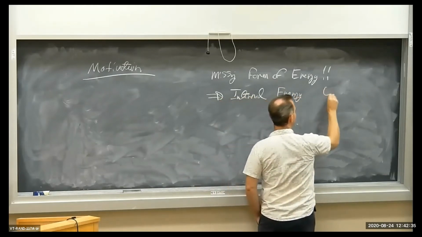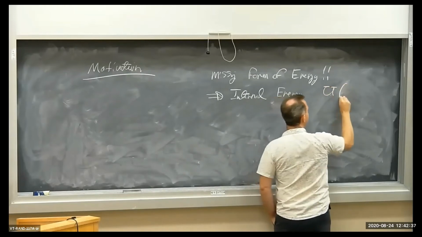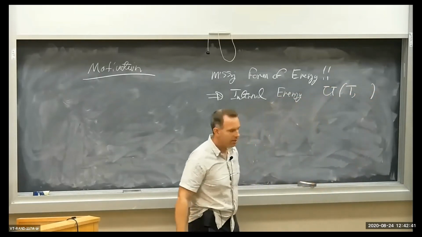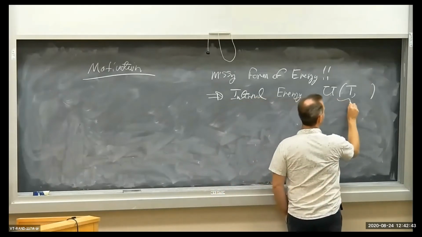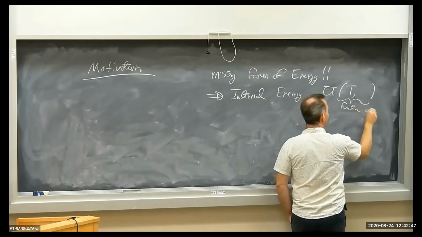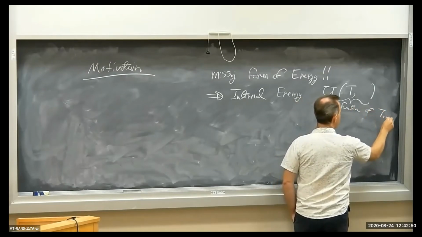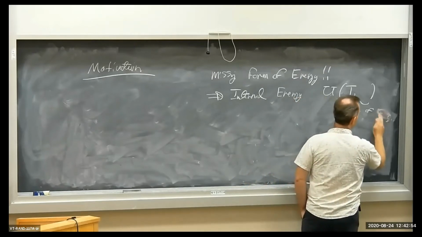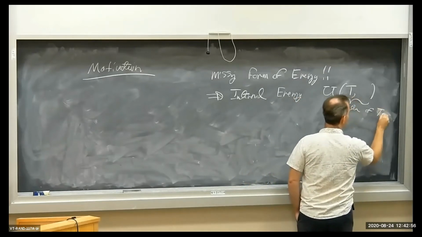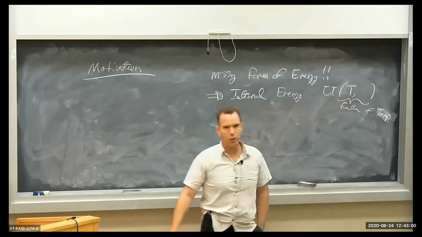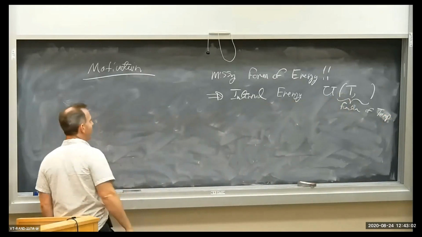And it's going to have a symbol U, and it is a function of temperature and maybe some other stuff. Function of temperature. I can't read that. Function of temperature and maybe some other stuff. We'll talk about that later.